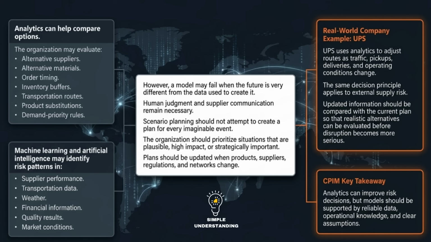The same decision principle applies to external supply risk. Updated information should be compared with the current plan so that realistic alternatives can be evaluated before disruption becomes more serious. CPIM key takeaway: analytics can improve risk decisions, but models should be supported by reliable data, operational knowledge, and clear assumptions.